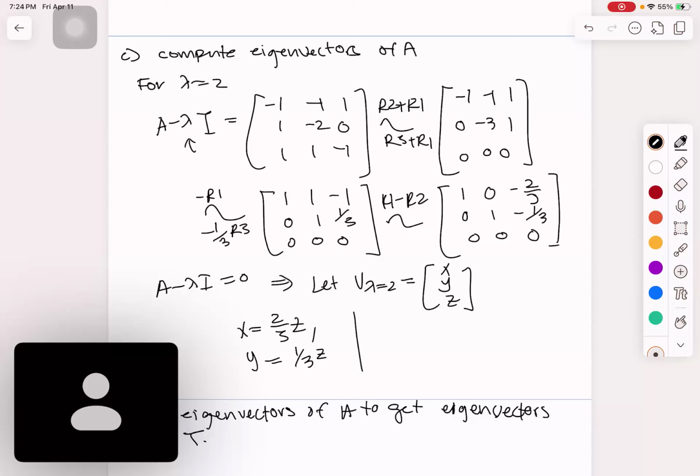And we can set z to anything we want, so let z equal 3, just to get rid of the fractions. And then from that we get x equal to 2 and y equal to 1. Therefore, our eigenvector for this question would be 2, 1, 3.